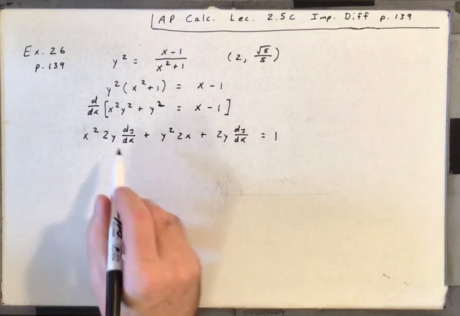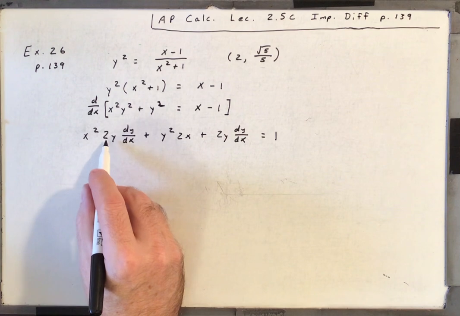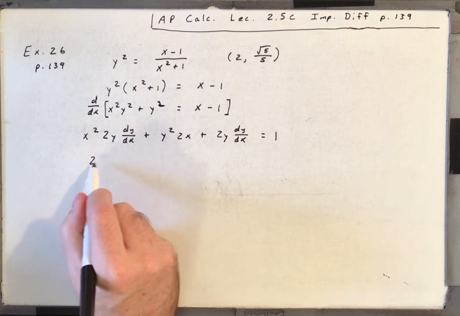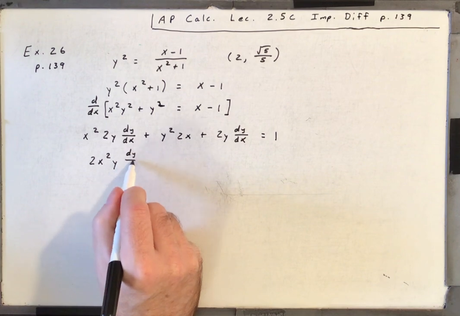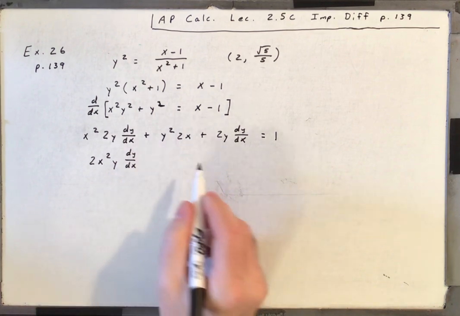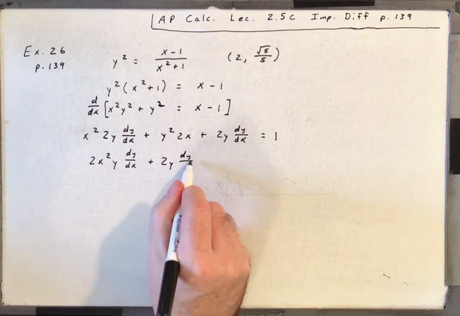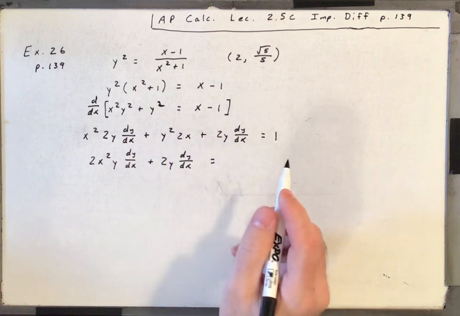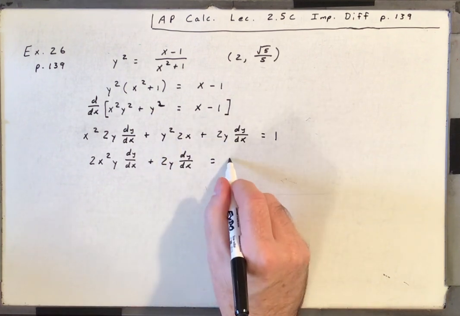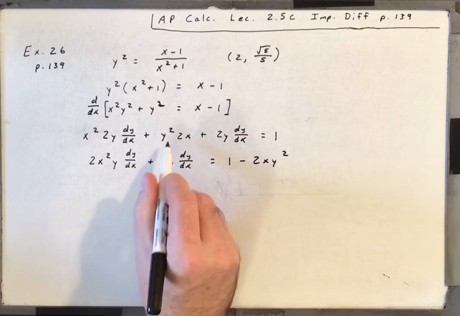So now let's collect the dy/dx terms over on the left. I'm going to clean it up a little bit, so we'd have 2x squared y dy/dx plus 2y dy/dx, and subtract this 2xy squared, so I'd have 1 minus 2xy squared over on the right.